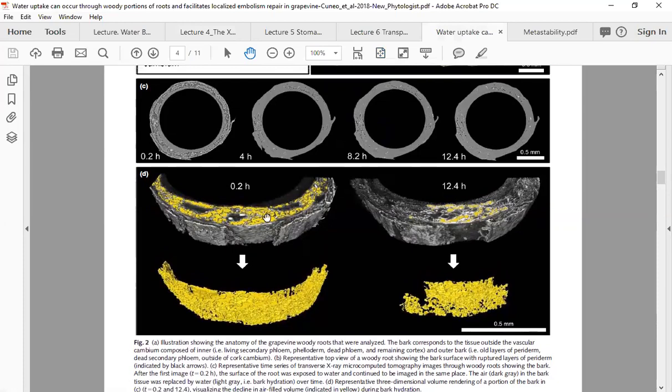So you can say that there are a lot of embolisms in this section of the woody portion of the root. Then after that portion of the root was watered, 12 hours later, look at the reduction in air. Now we've only got a small region of that woody root that actually contains air. In other words, water can penetrate that suberized woody portion of the root and repair the embolisms that have formed.